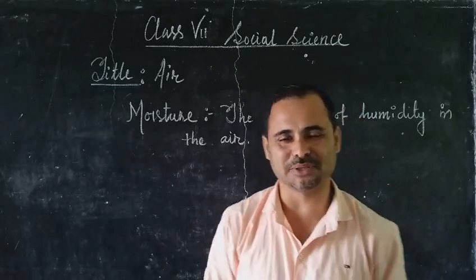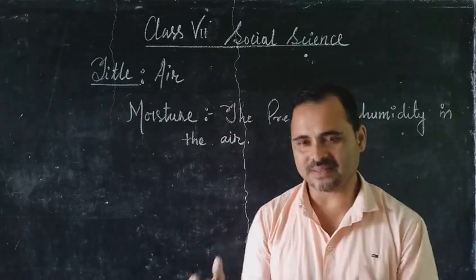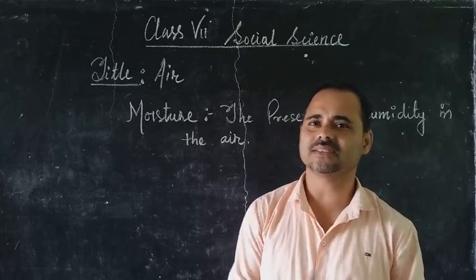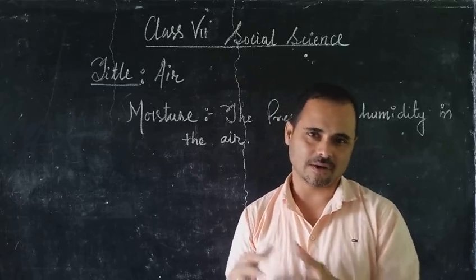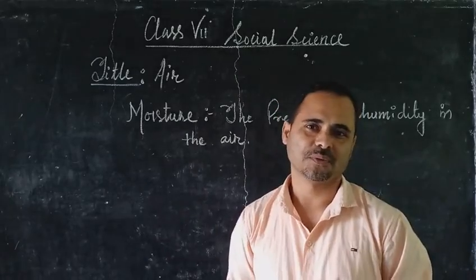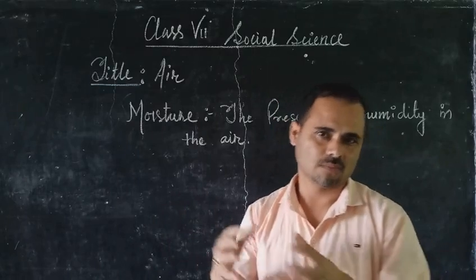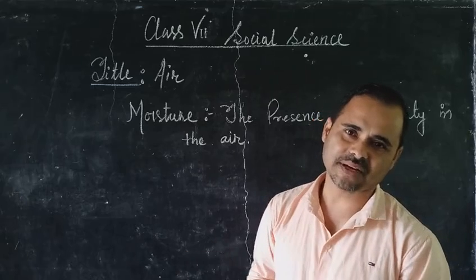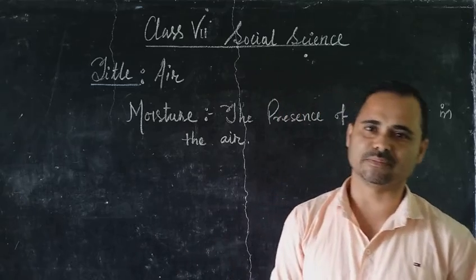These are the most important aspects. So this chapter, which discusses the various aspects of the air, we conclude with this particular point, that is the weather, climate and its different elements.